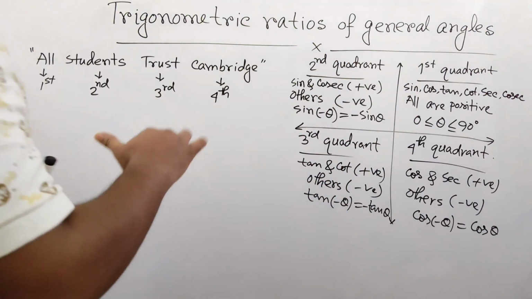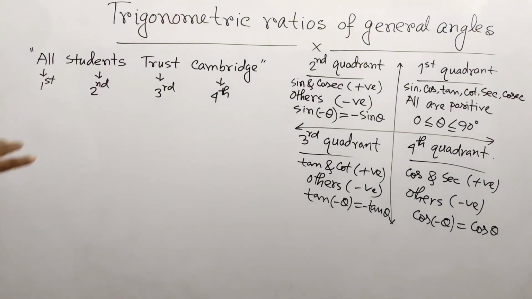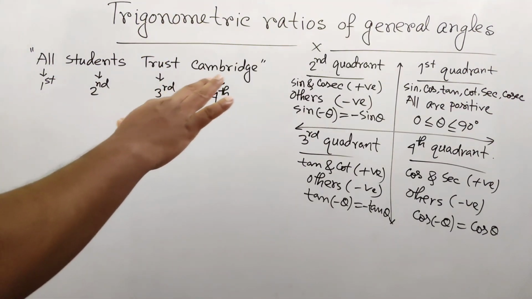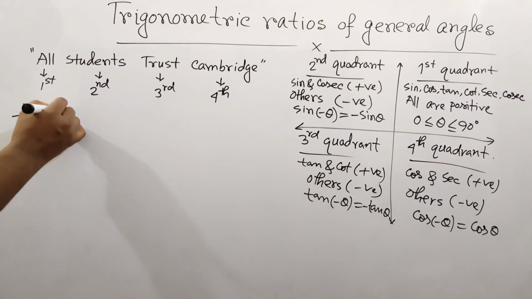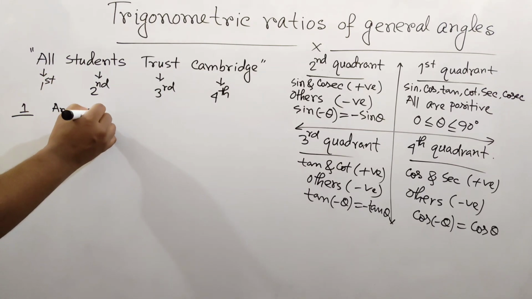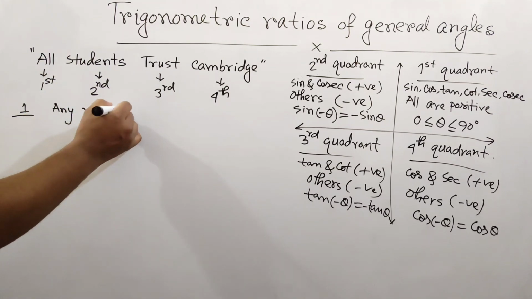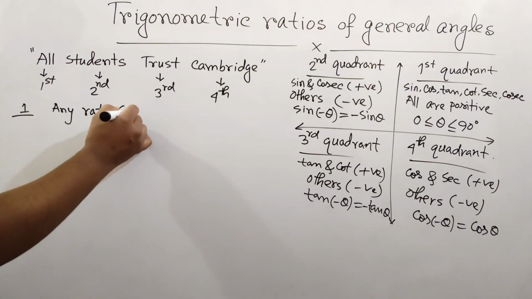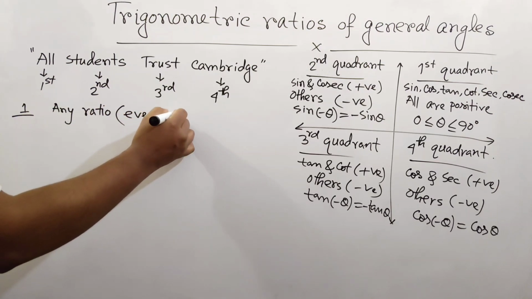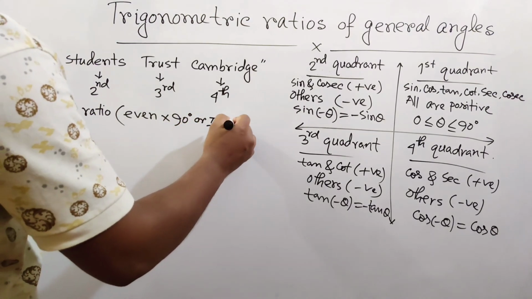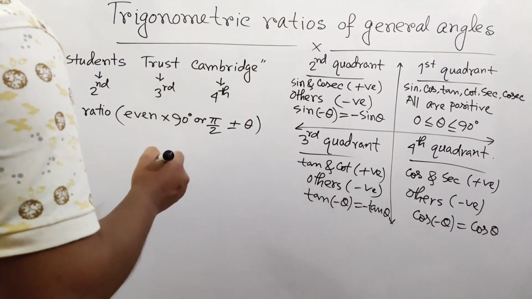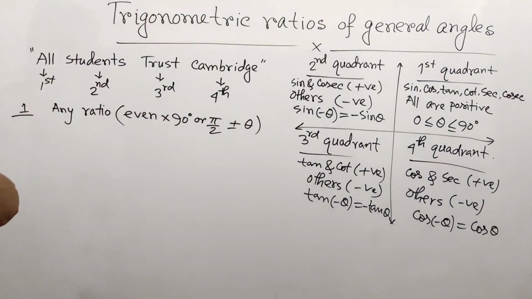Now we will learn only two rules, and by knowing these two rules you can easily find any general angle of the trigonometric ratios. Rule number one: any ratio of an even multiple of 90 degrees or pi over 2, plus or minus theta. Here pi by 2 and 90 degrees are the same.